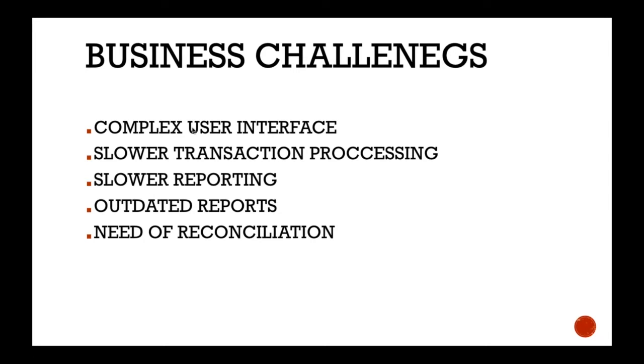We were moving the data from ECC to BW, and in BW the reports were outdated, right? Because you are not moving the data from ECC to BW in real time; it is only once a week or once a month. So whatever analytical reports you are getting are outdated. And obviously, there was a problem with reconciliation.